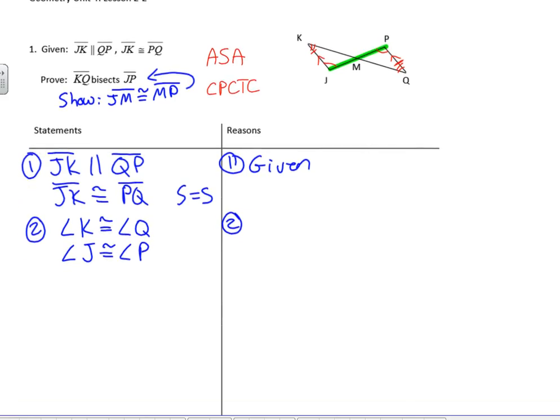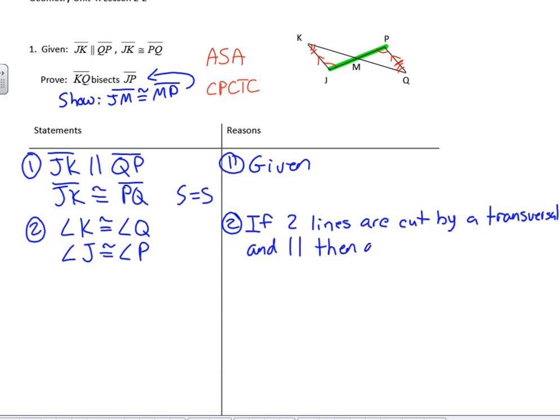The reason is: if two lines are cut by a transversal and are parallel, then alternate interior angles are congruent. This is the fact that they're parallel, not a "such that" one. So that's an angle pair: an angle congruent to an angle, and an angle congruent to an angle.